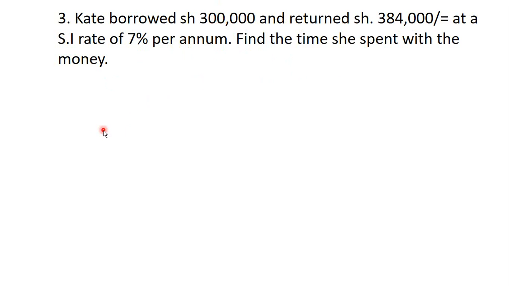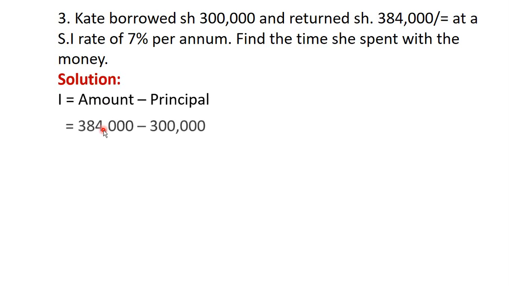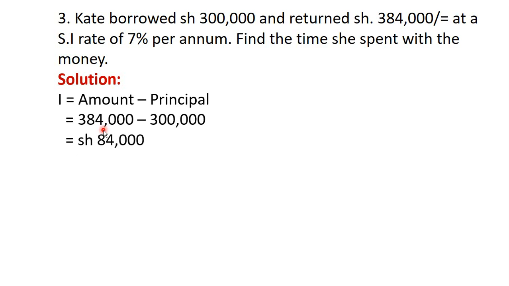So remember, the amount is equal to the principal plus the interest. So if I want to get the interest, it's going to be the amount minus the principal. So we can get our 384,000 shillings minus 300,000 shillings, and that will give us 84,000 shillings. That is the interest.